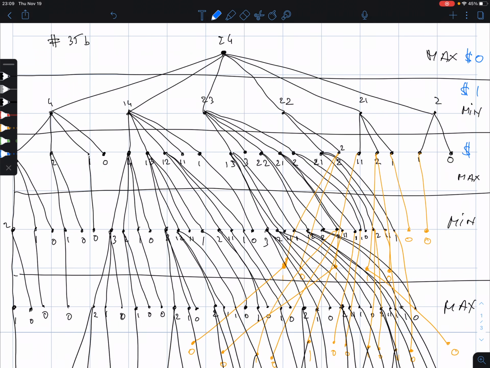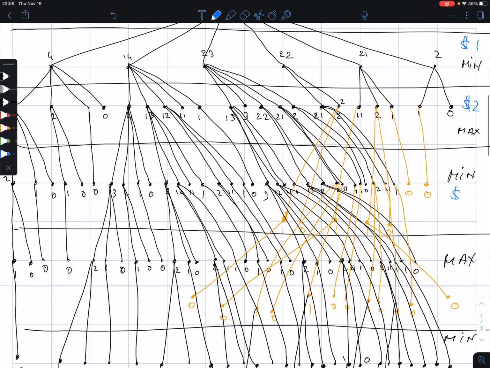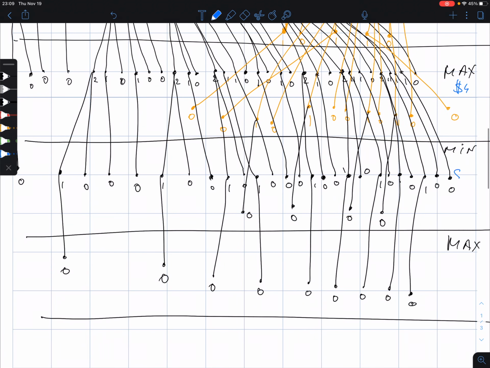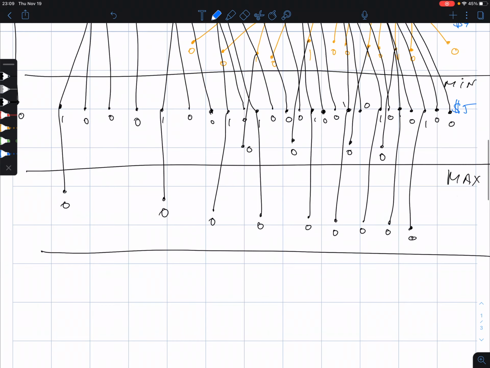This is $1. This is $2. This is $3. This is $4. This is $5. This is $6. That's quite expensive. Now he is losing, so each of these has value -6, because he would have to pay that.